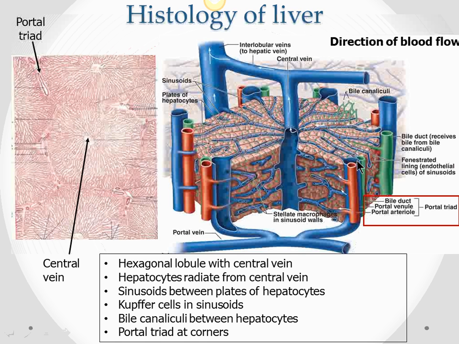These plates of cells are known as hepatocytes. So they radiate from the central vein. And in between these plates of cells, you can see these blue structures present. These blue structures are dilated veins called sinusoids.